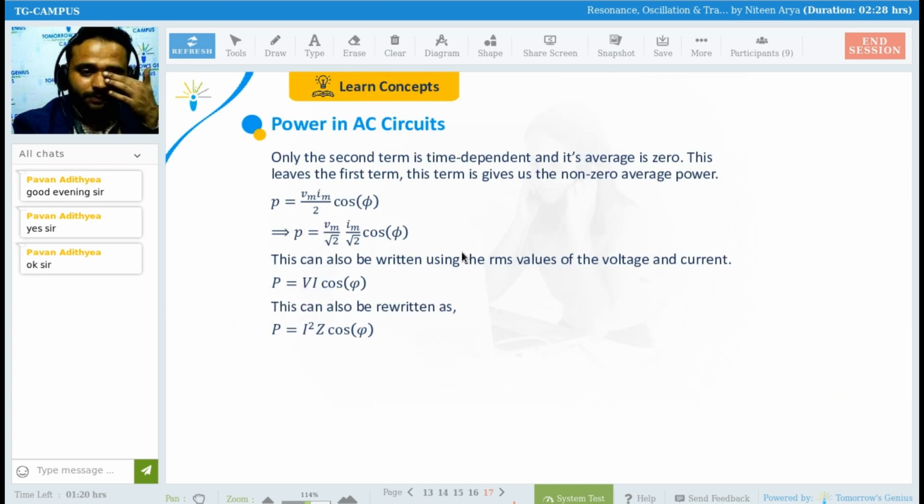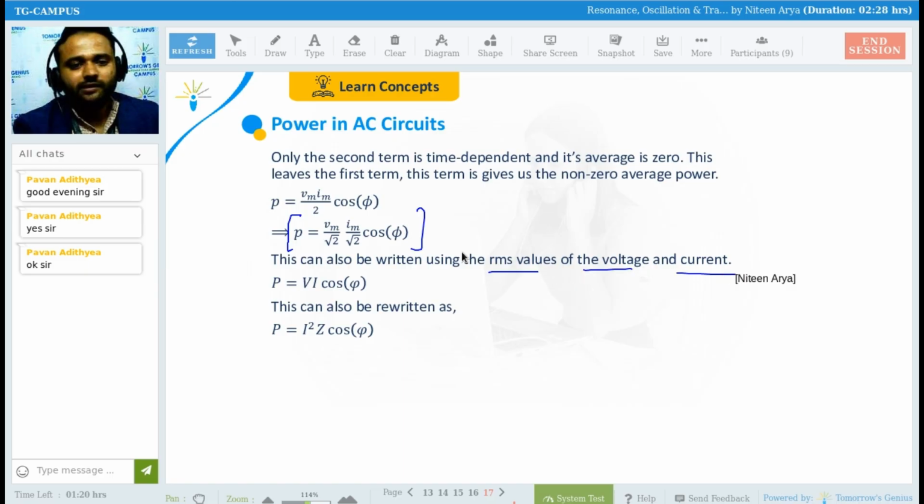Moving ahead, the power formula is P equals Vm Im by 2 times cos phi. If I break this, Vm by root 2 is Vrms, and Im by root 2 is Irms, and cos phi is from the phase angle, or you can say the power factor. This can also be written using the RMS values of voltage and current.